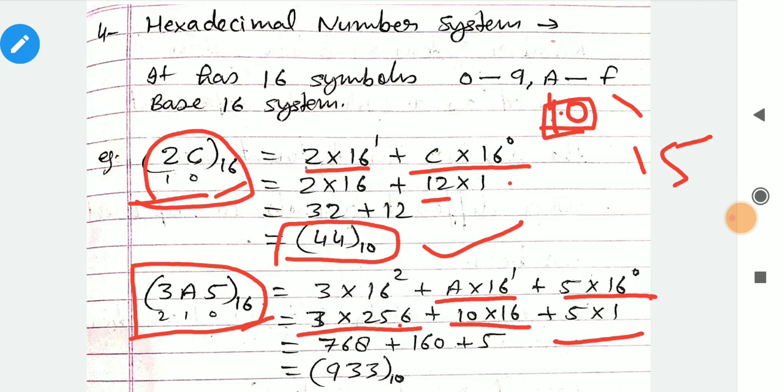So the result is 933 in decimal number. Means 933 is the decimal number, and it is the result of the hexadecimal number 3A5. The hexadecimal number 3A5 is equivalent to the decimal number 933.